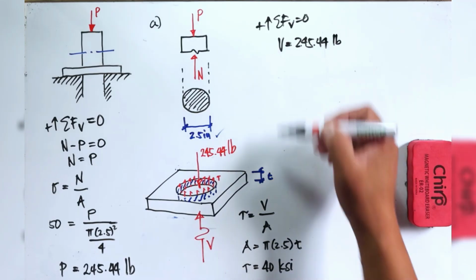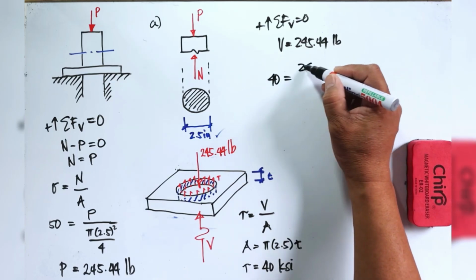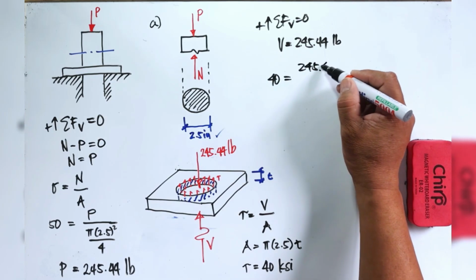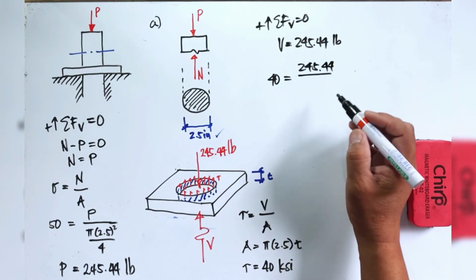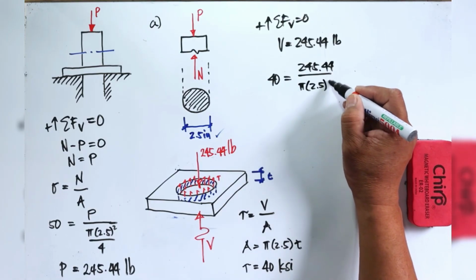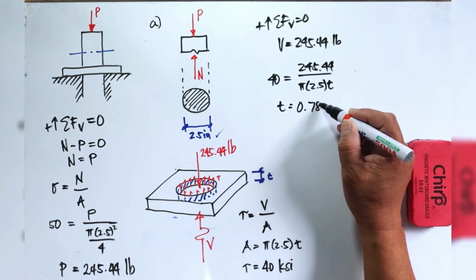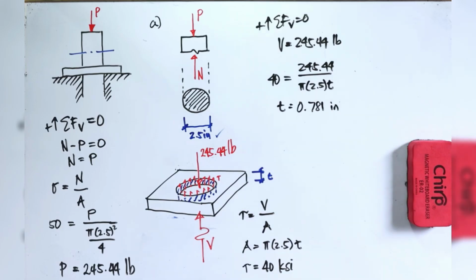So substitute this here, shearing stress equals V over the area, and we'll get a thickness of 0.781 inch.